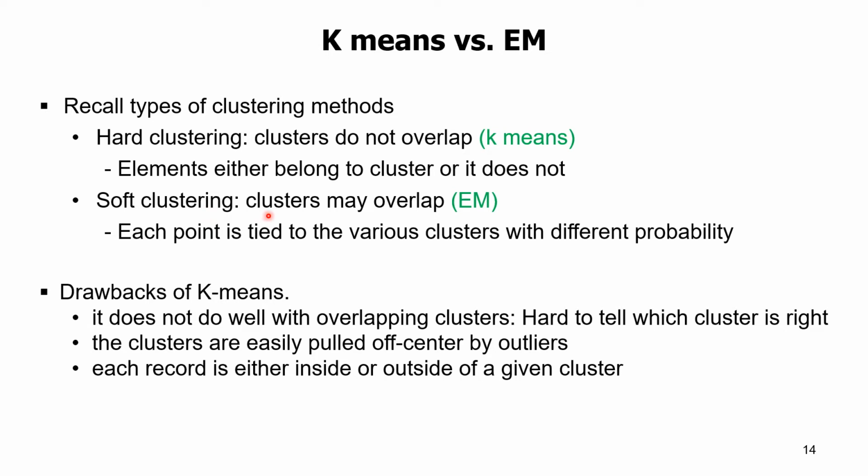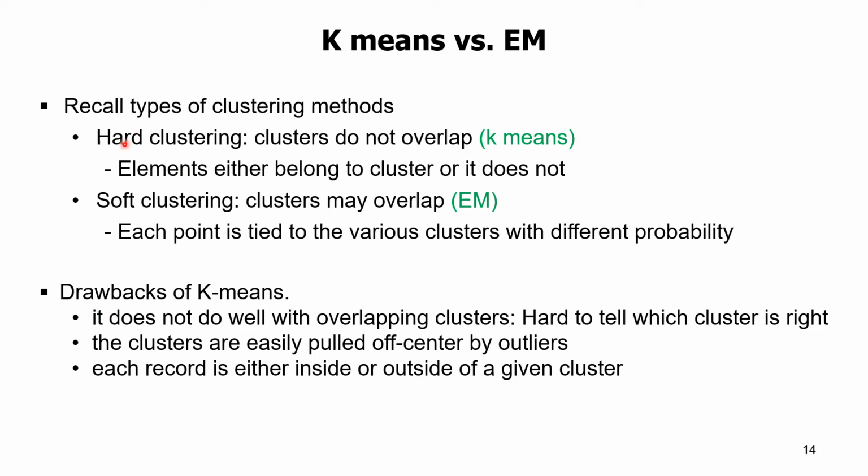That means clusters may overlap, and every data point can belong to every cluster with different probabilities. Every data point actually belongs to every cluster to some degree. That's soft clustering. In hard clustering, each data point belongs to only one cluster. It's 0 or 1.